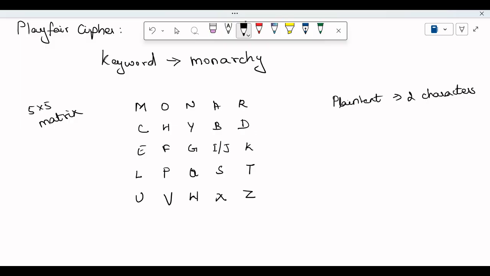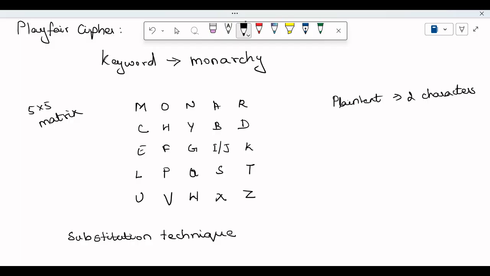Here the example is the plain text, and what we are going to use is the substitution technique.